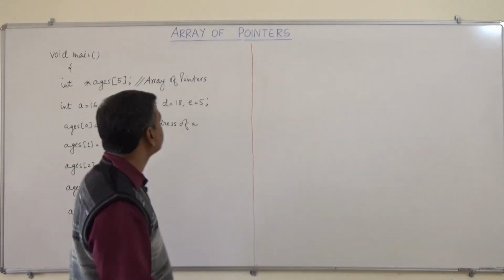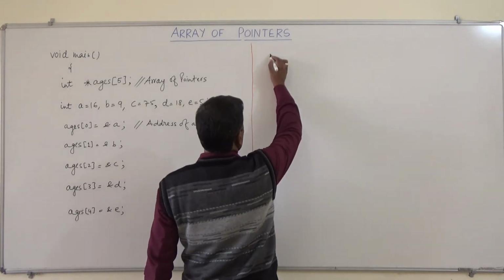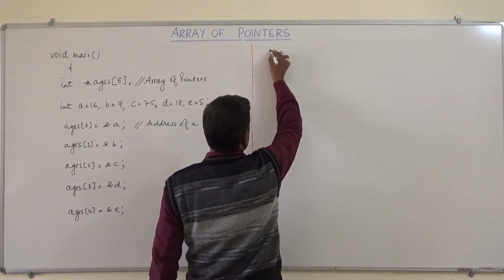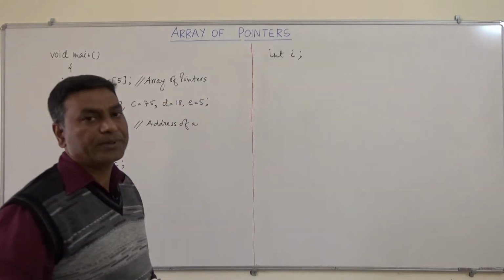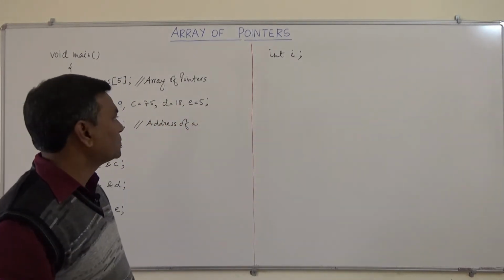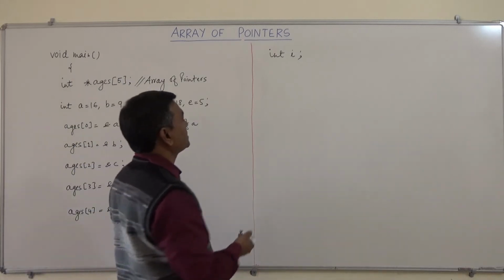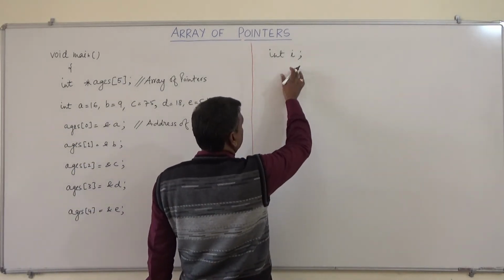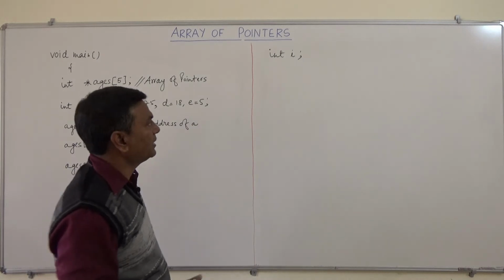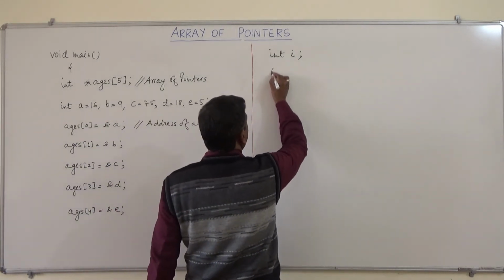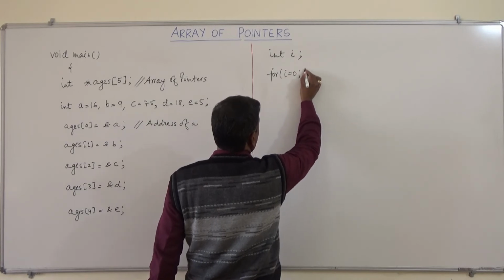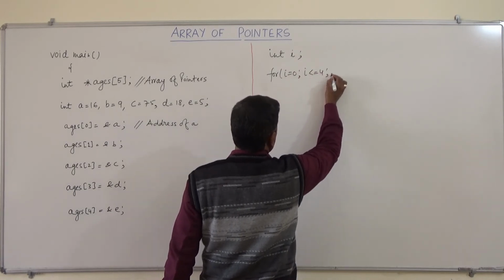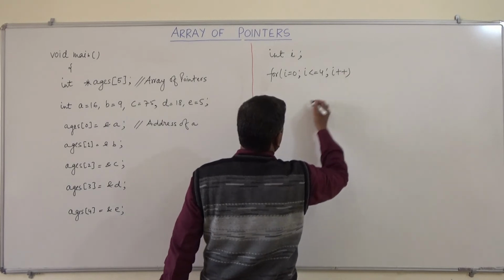Now we will take another variable, because now we want to print the values at these addresses. So now we are using a variable, that is i, and we will take a for loop for i equals 0, i less than or equal to 4, then i plus plus.